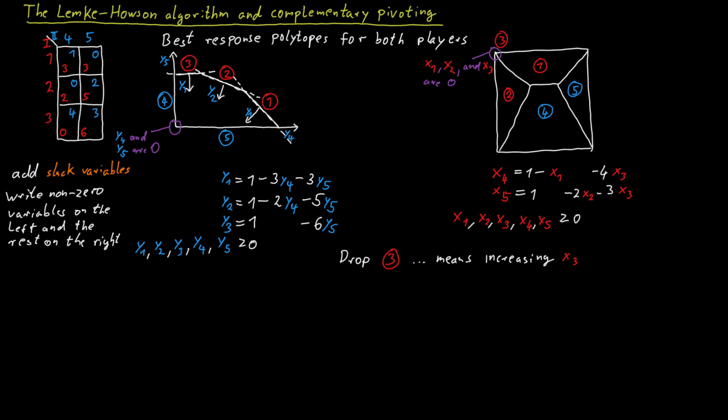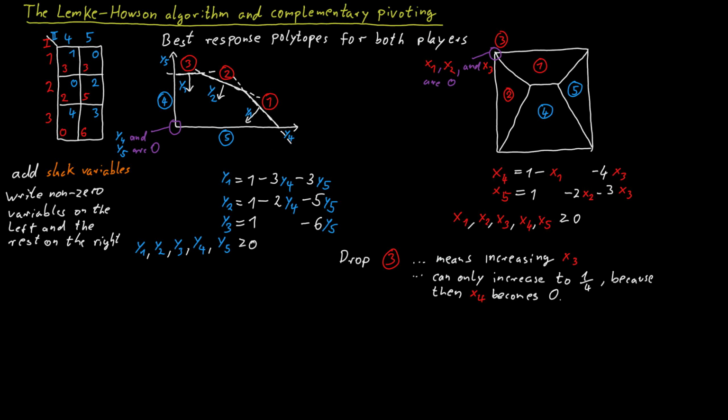And the second equality, which has x5 on the left side, has the property that the right-hand side will become 0 when x3 is 1/3. So 1/4 is smaller than 1/3, so x4 will actually become 0 before x5 does. And this is all we need to know.